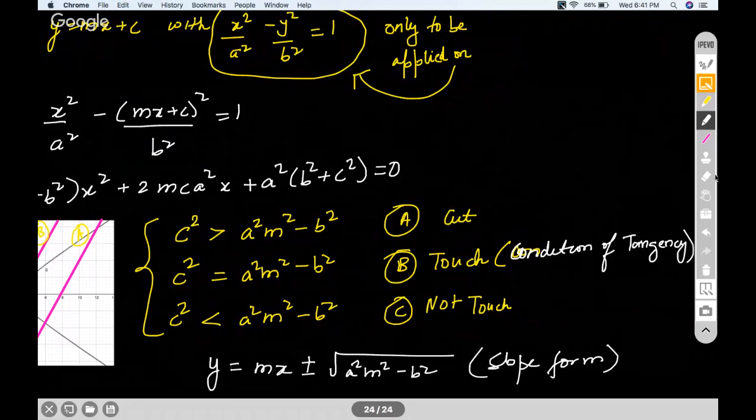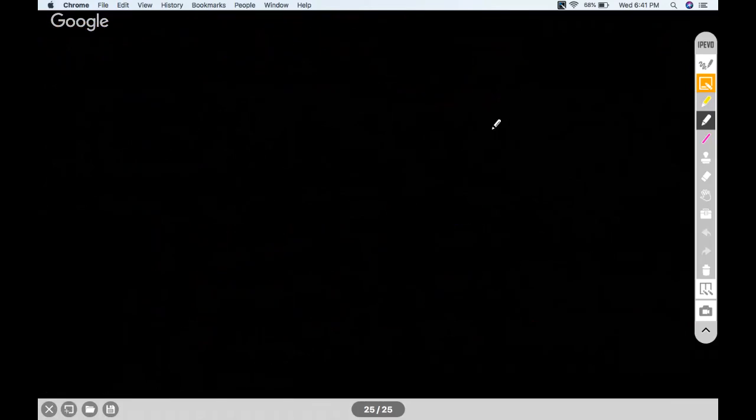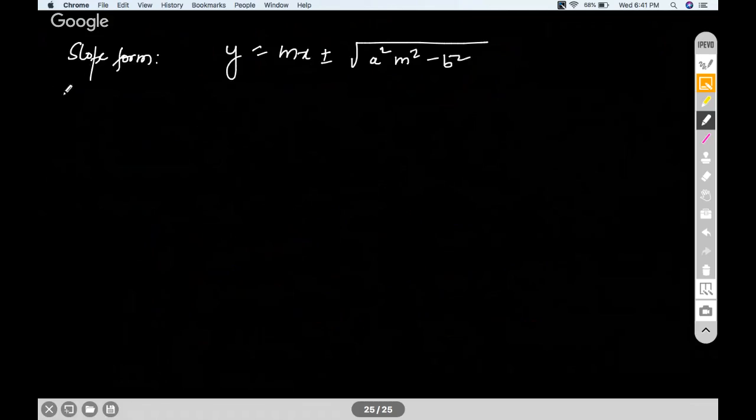So guys, a quick analysis about this equation. There is something very important about it. When you say the slope form, which is y equal to mx plus minus under root a square m square minus b square, please remember that you cannot draw tangents with any given slope. Your slope must follow this restriction.